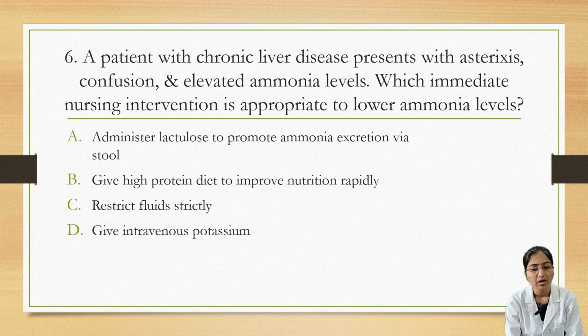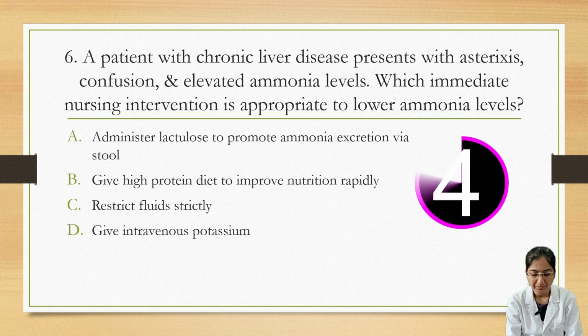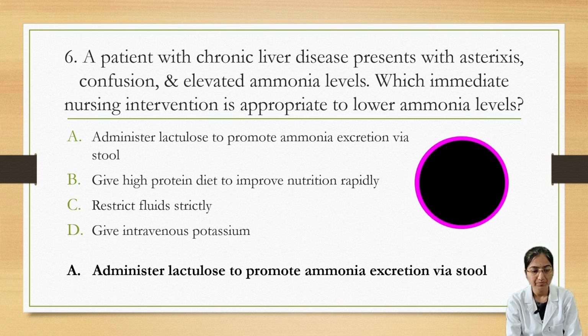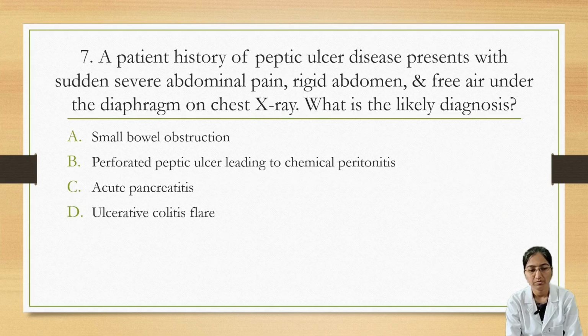Next question, a patient with chronic liver disease presents with asterixis, confusion and elevated ammonia levels. Which immediate nursing intervention is appropriate to lower ammonia levels? Right option is A, that is administer lactulose to promote ammonia excretion by stool.